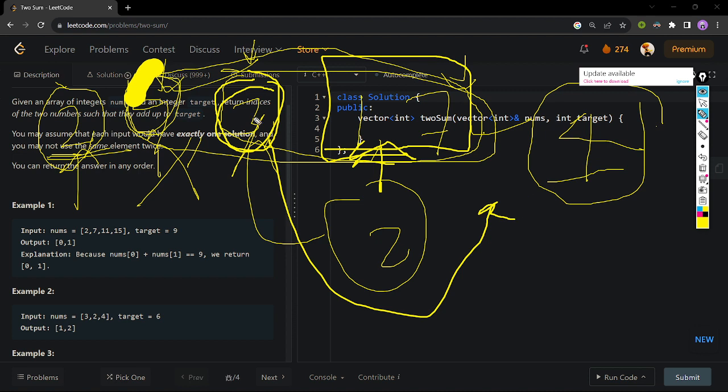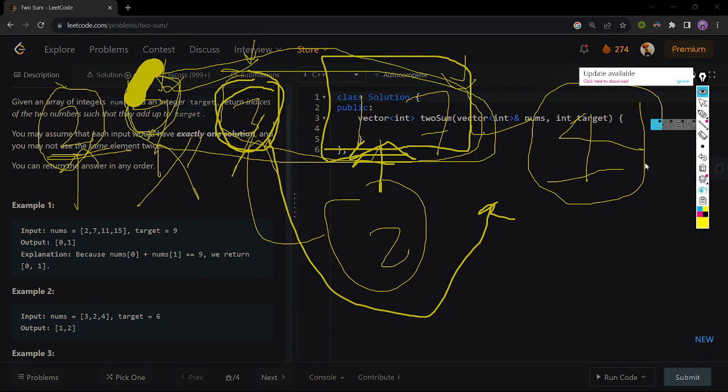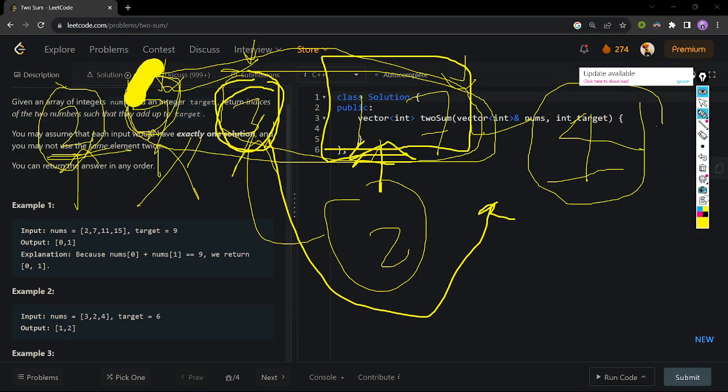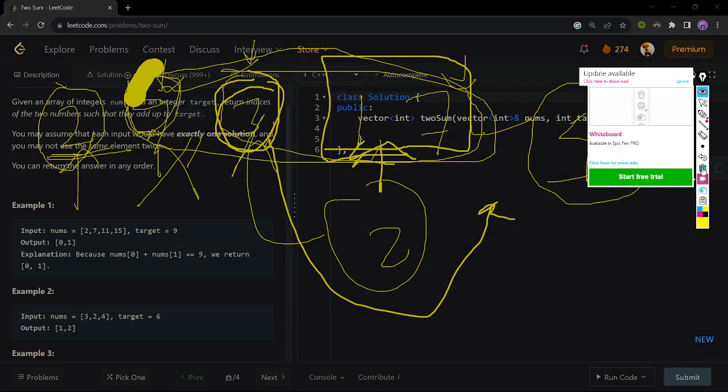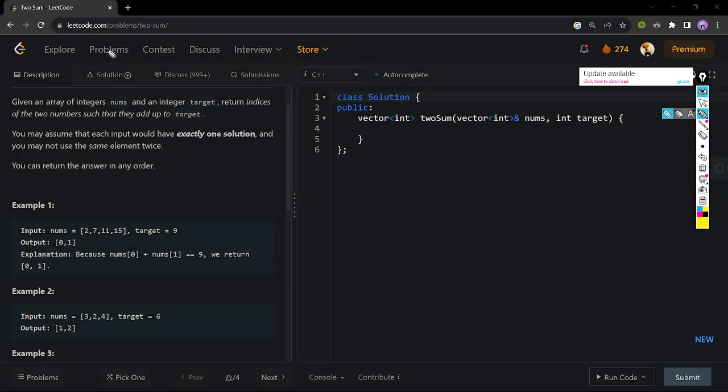And what will be the time complexity of this? Let me explain the time complexity.